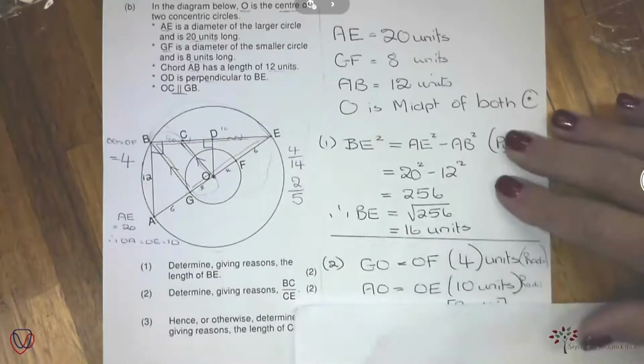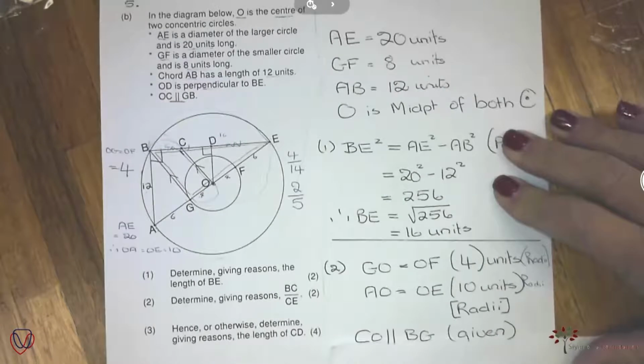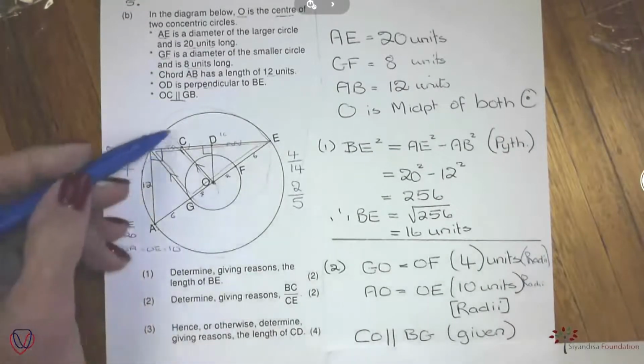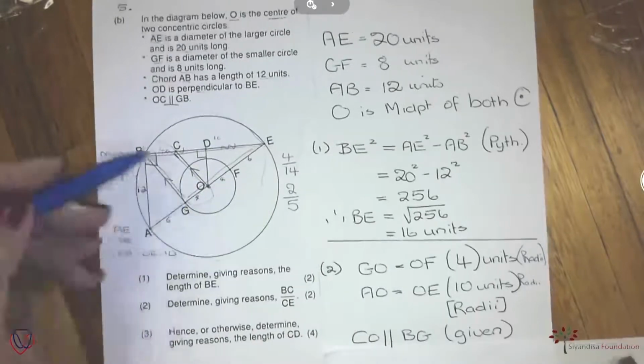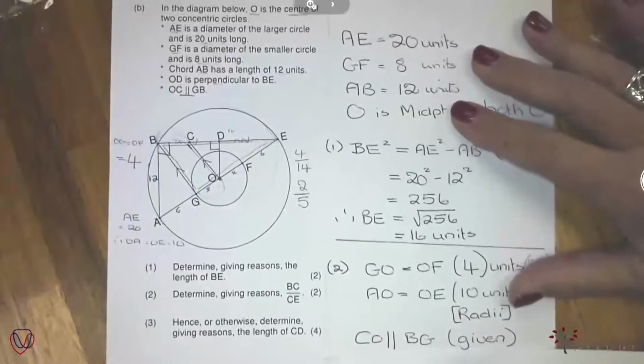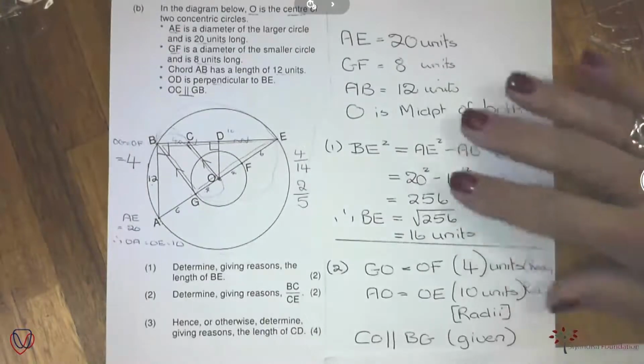Right, then, I wrote it there. I thought, why didn't I write the reason? But there it is. CO is parallel to BG. You see, I'm writing those things down before I do my proof, because that is actually part of my reason that I'm writing down there.